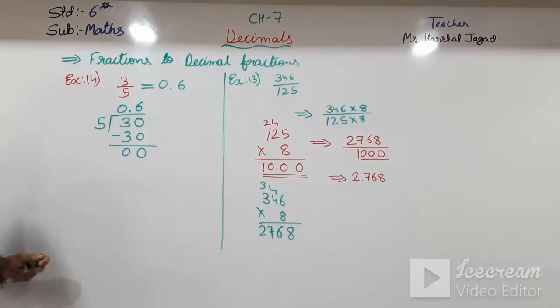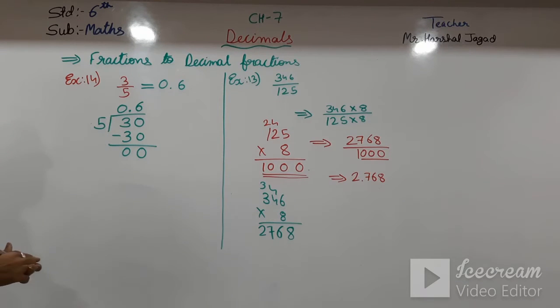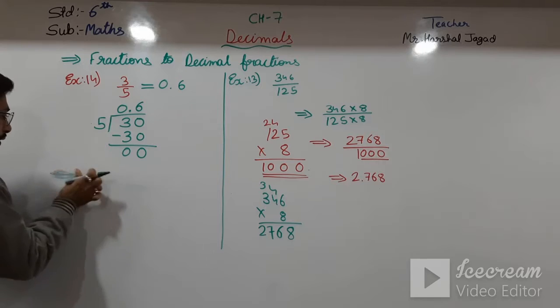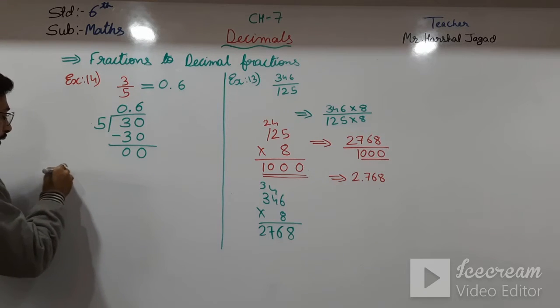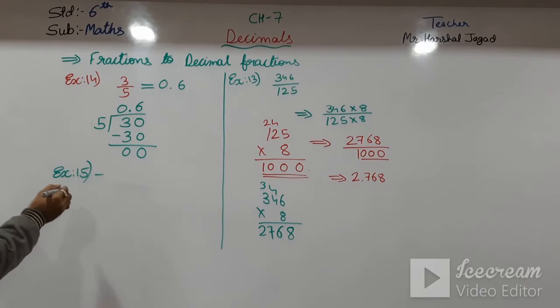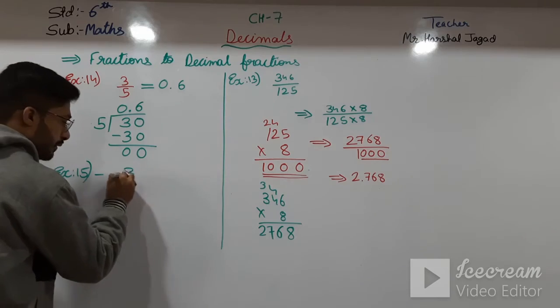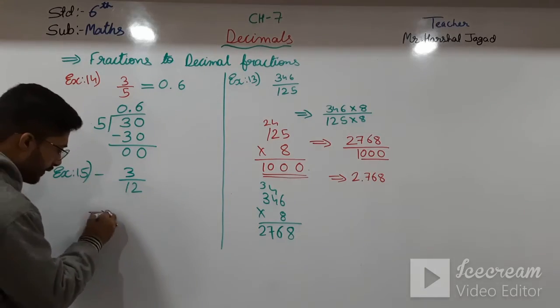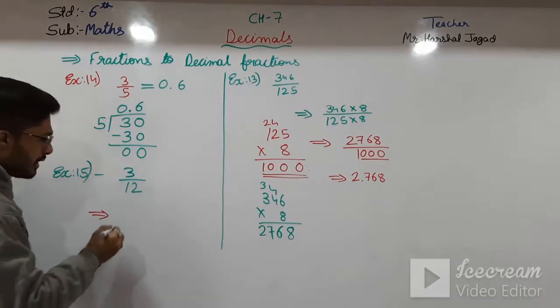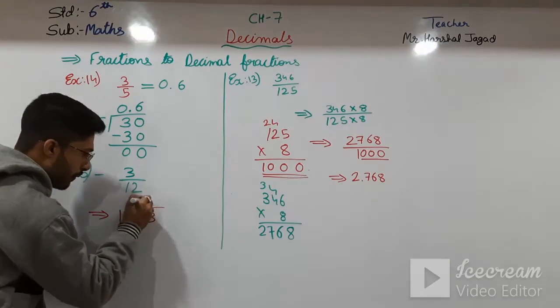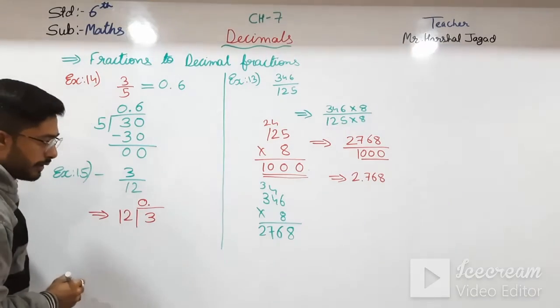0.6 is your answer. Okay, now example number 15, that is 3 by 12. Okay, so how will we do this? 3 divided by 12. As usual you have to put 0, then a point.